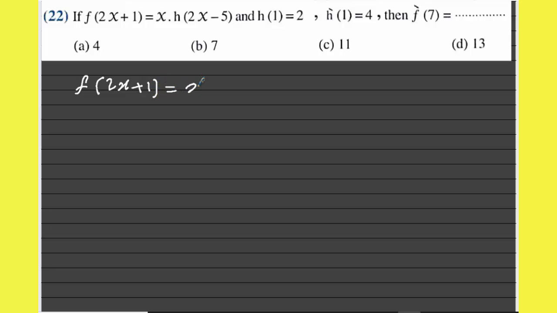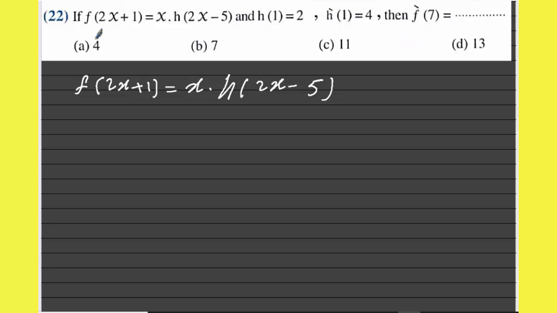Question 22: f of 2x plus 1 equals x dot h of 2x minus 5, and h of 1 equals 2, h dash of 1 equals 4. Then what is the value of f dash of 7?